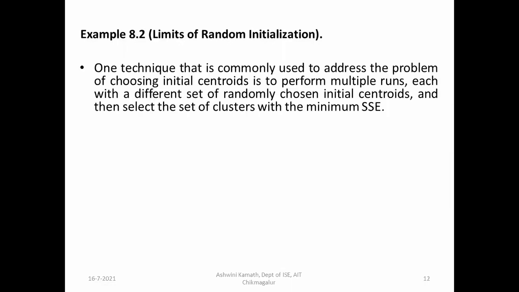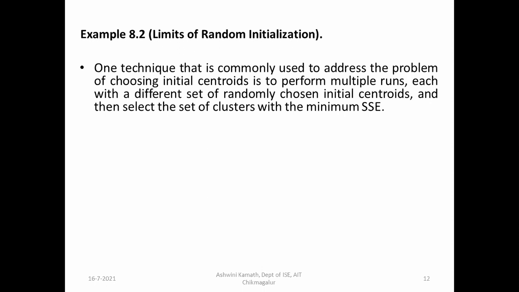Another topic is the limits of random initialization. One technique commonly used to address the problem of choosing initial centroids is to perform multiple runs: execute the K-means algorithm multiple times, each with a different set of randomly chosen initial centroids.